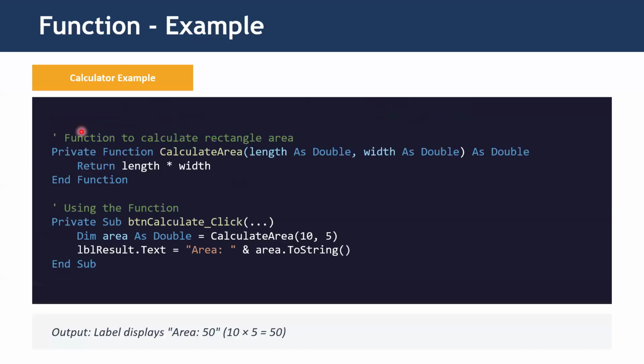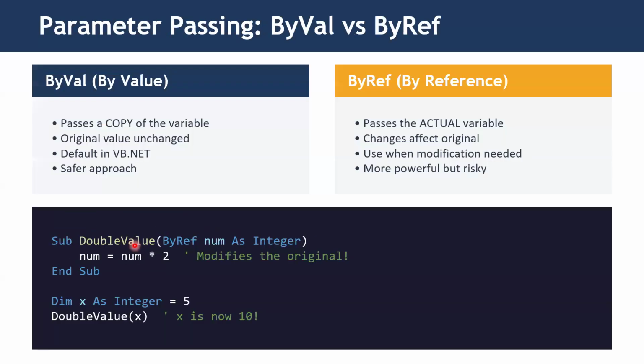Okay. This is an example of it. Now, we can pass information to the subroutine either by reference or by value. If it is by value, then we are passing a copy of the value that you have.